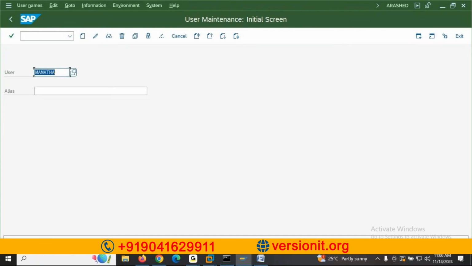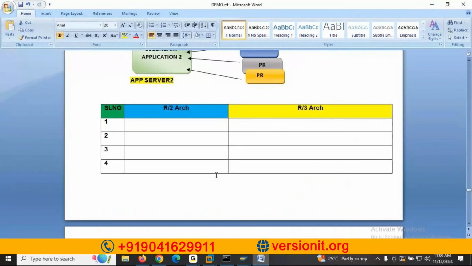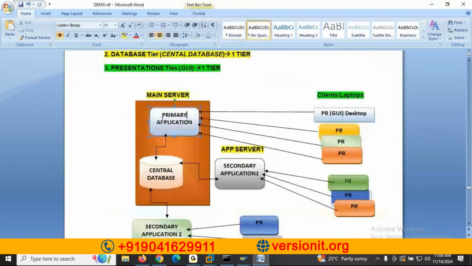Whatever I'm doing on the presentation, ultimately all this work is given to the application. What are the names through which the SAP application is called? In general, we say primary application and secondary application. But in SAP terminology, the primary application is called the central instance, the secondary application is called the dialog instance, and the presentation is called the GUI.